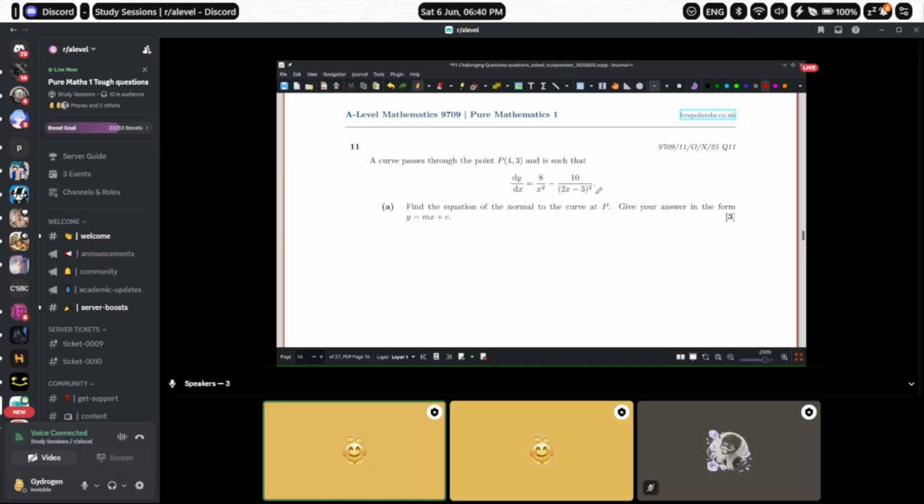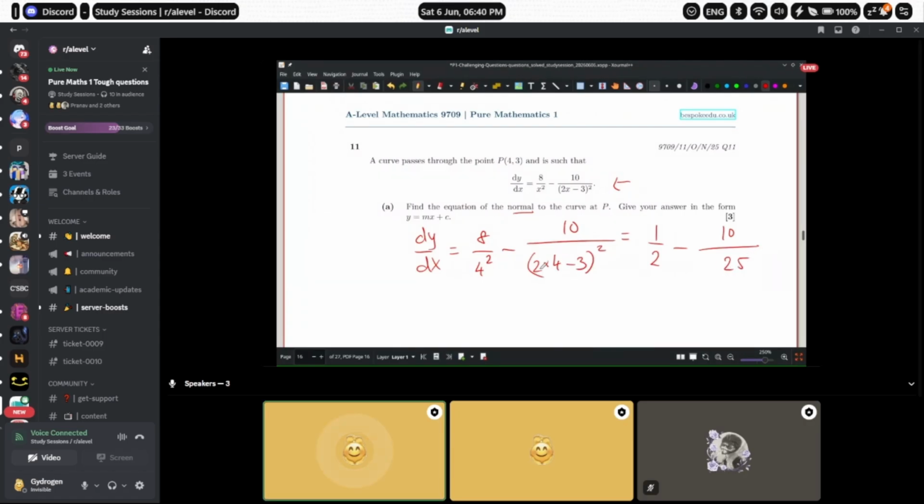So dy by dx equals this, a normal to the curve at P. We start by finding the gradient of a tangent, which is 8 over 4 squared minus 2 times 4 minus 3 squared. So 8 over 16 is 1 half, minus 10 over 2 times 4 is 8, minus 3 is 5.